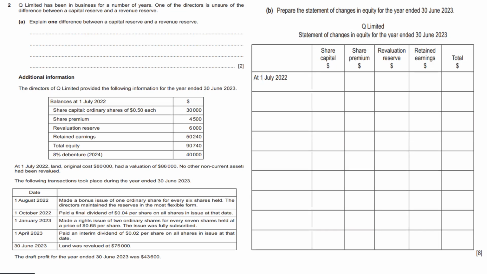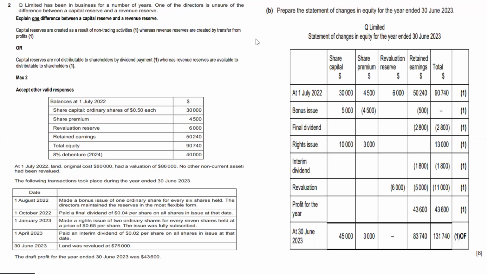So revenue reserves are created by transferring an amount from profit for the year, and capital reserves represent the gain that comes from a certain event. Capital reserves are created because of non-trading activities.